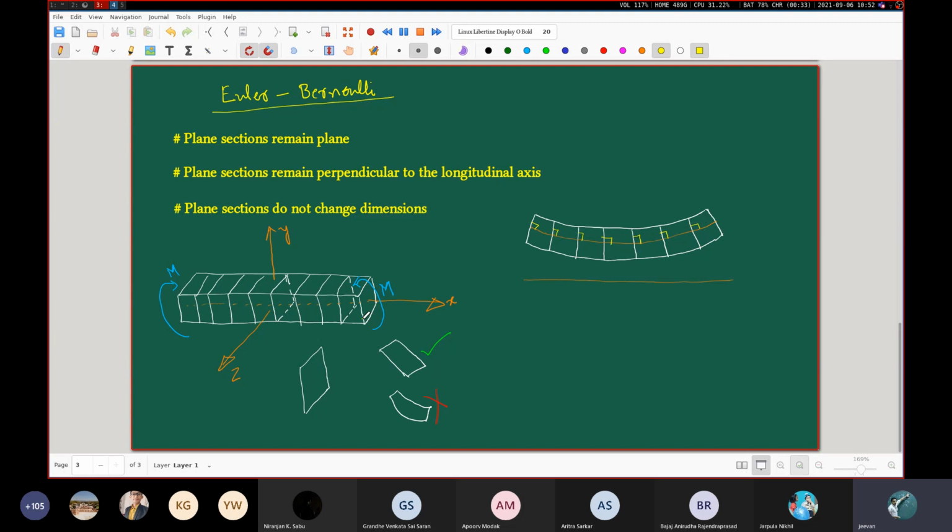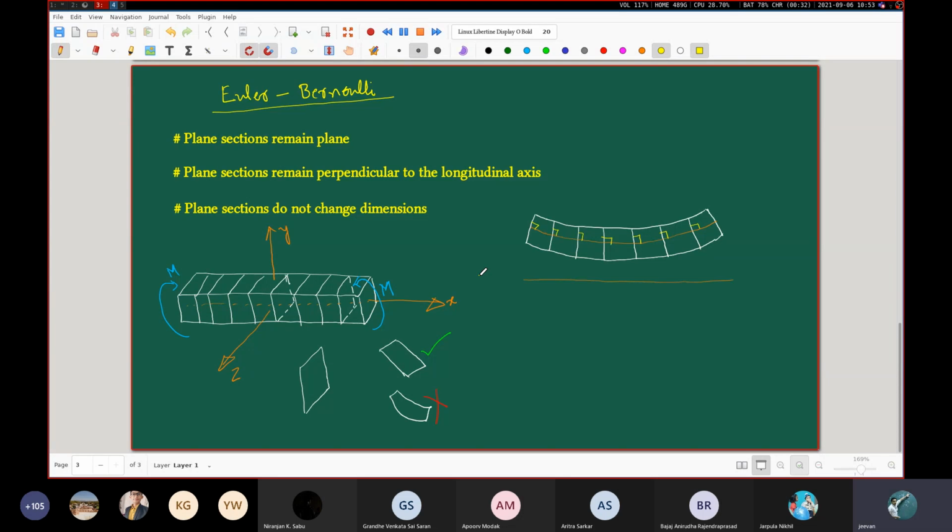Okay, and the smaller the height and the width are compared to the length of the beam, the smaller those deviations are from this last assumption.